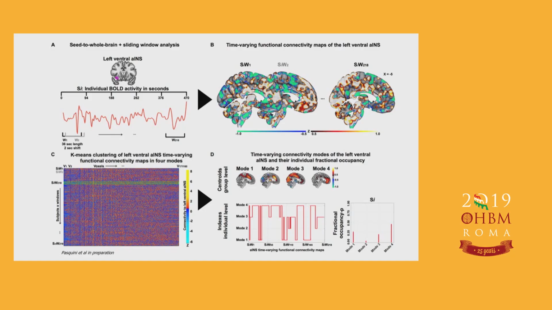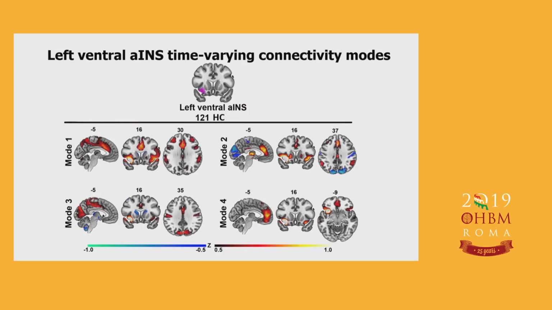And the output from the K-means clustering, so how each of these windows was assigned to one of these 4 modes, gave us a time series that we could use to tell how much time the left ventral insula of a participant spent in mode 1, mode 2, mode 3, or mode 4.